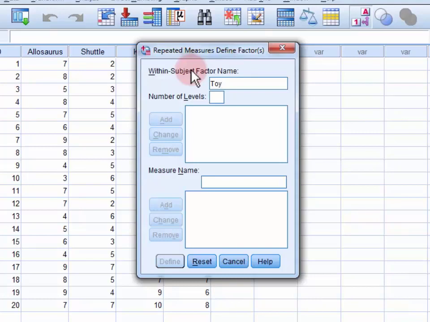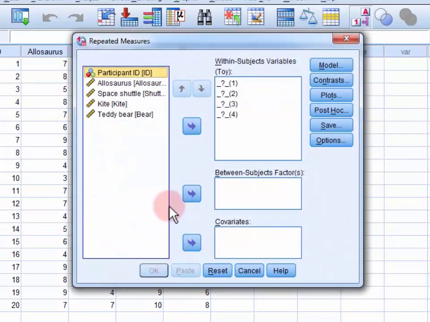Next, we want to enter the number of levels of the independent variable, or the number of toys, into the number of levels field. Click Add, and then click Define. Next, we want to move each level of the independent variable, each toy, into the within-subject variables field.